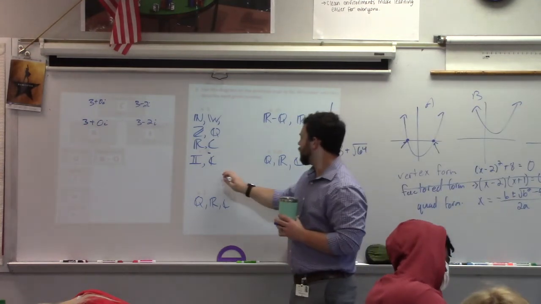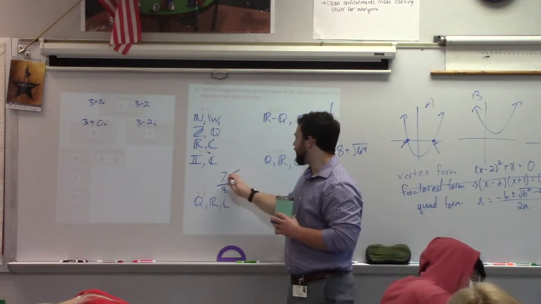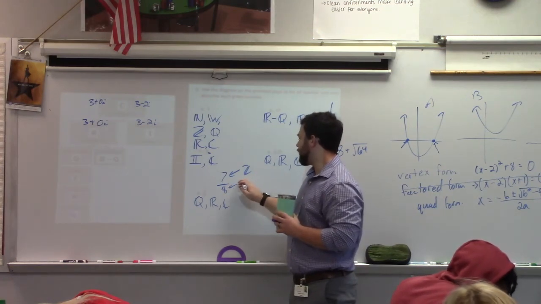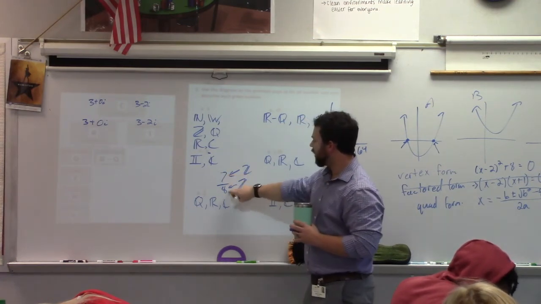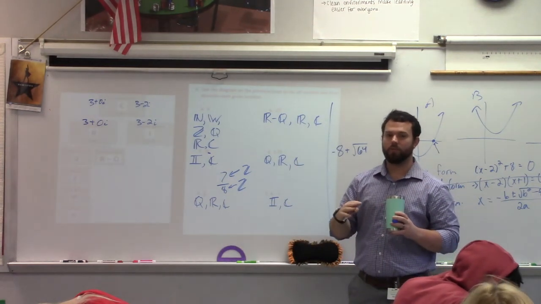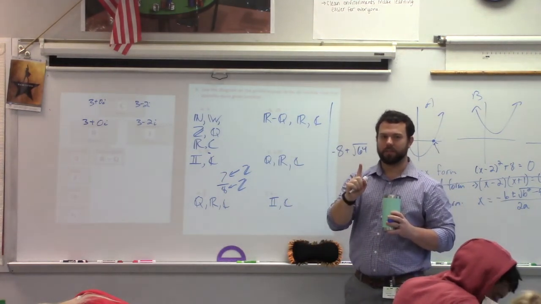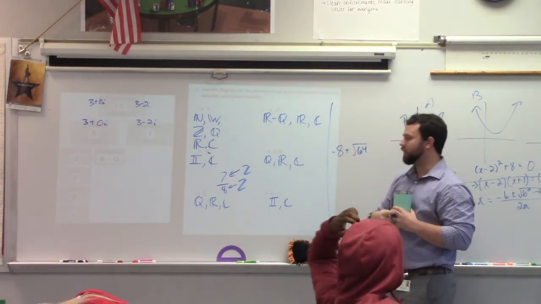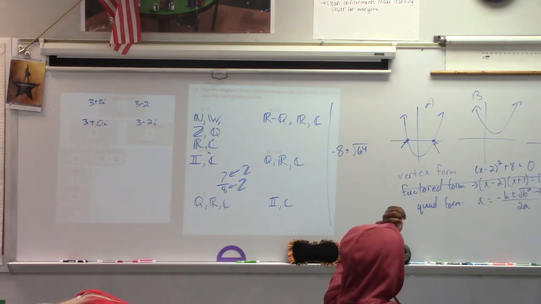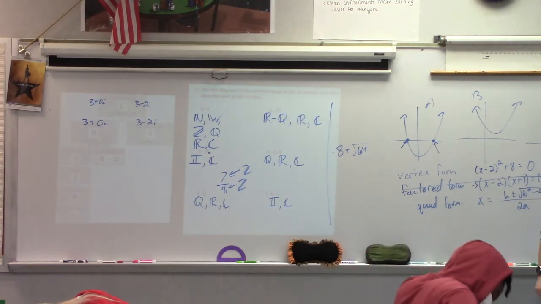That's a good question. So 7 divided by 8, notice that's an integer, right? That's an integer, but when I do the combination, it's the ratio of two integers, but it's not one integer. Does that make sense? The whole point of rational is that it is a ratio of two integers, but it's not an integer itself. So that's a really good question.